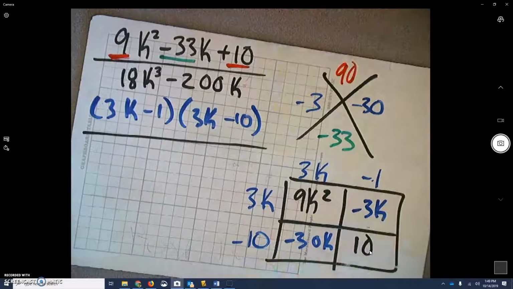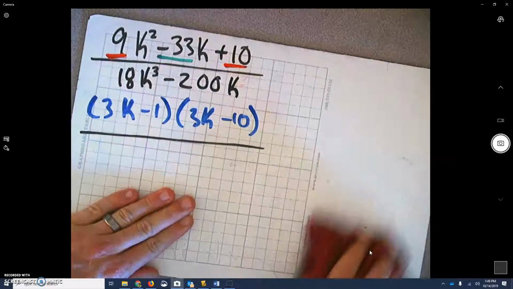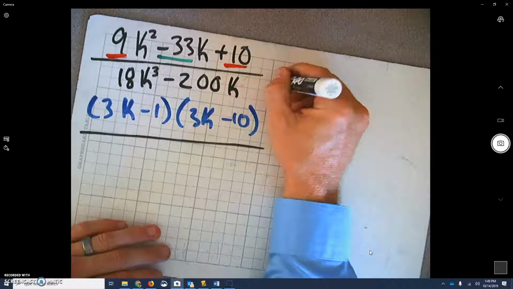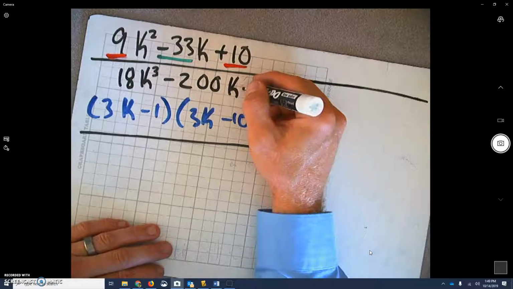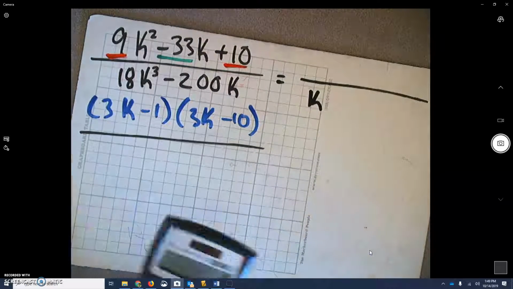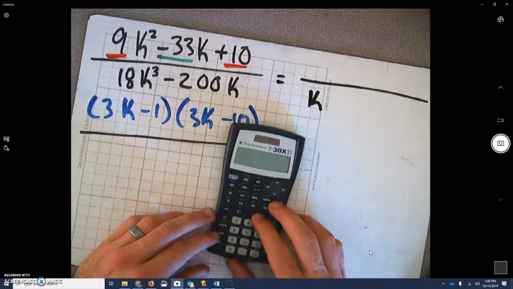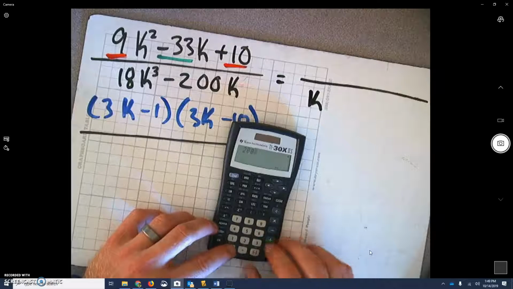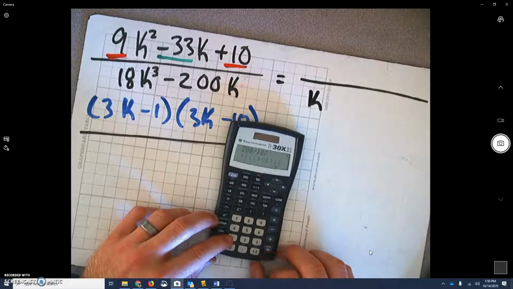I'm going to erase this stuff so I have space. Okay, so our denominator, we're going to pull out a k. And 200, let's see here. 200 divided by 18 is not a whole number.